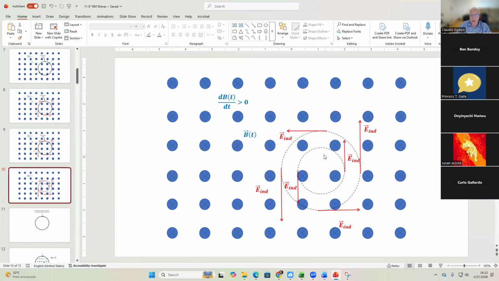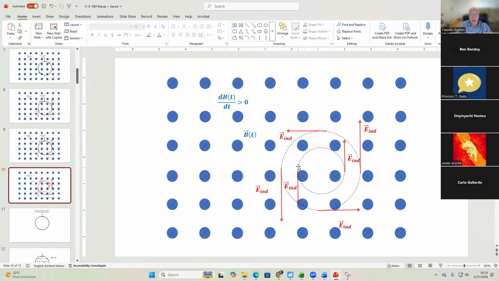I just put a dashed line here to show you that the induced electric field does not require a conductor. The conductor is there only to help us make a measurement. So that's one important piece of information that you have to keep in mind.